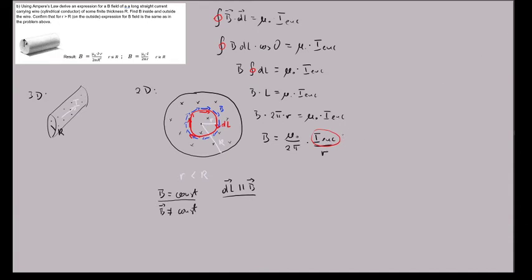What I need is I enclosed, and I enclosed is not equal to the total current I, because only some part of the total current flows through this red loop.